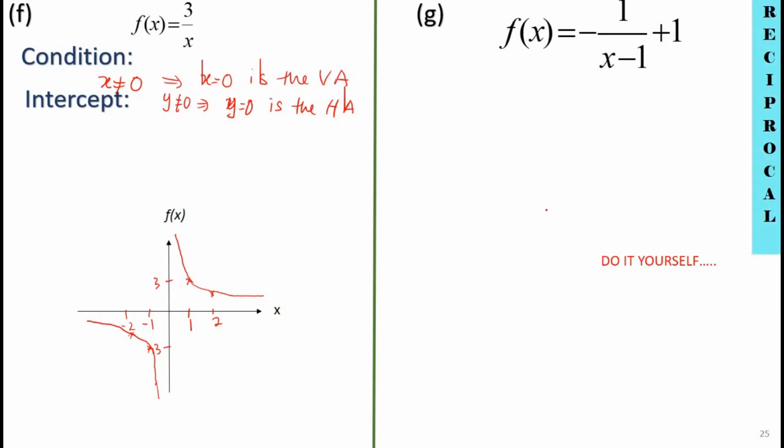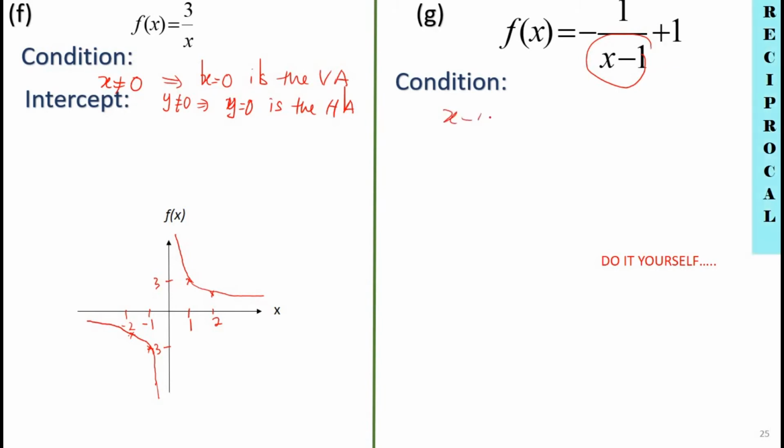Okay, so you'll do the same thing for the function f(x) equal to negative 3 over x minus 1. Maybe we can discuss a little bit on the condition. What is the condition of this function? Definitely x minus 1 is the denominator and cannot take 0.